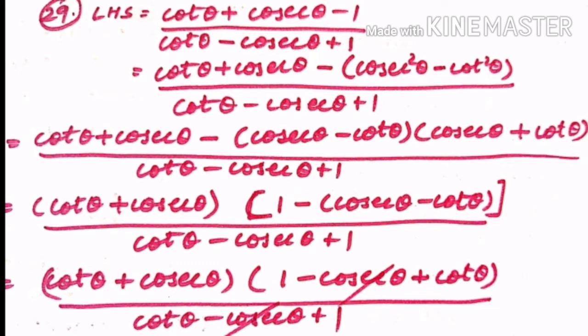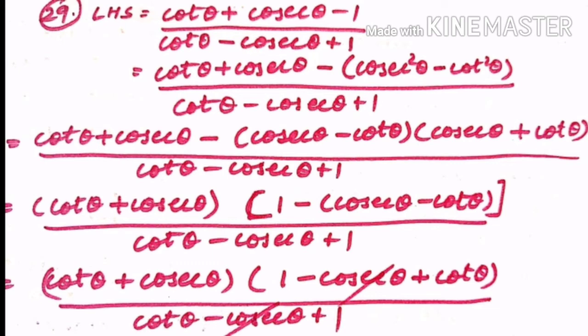Now cot theta plus cosec theta in the bracket we have taken common. Students, there are two terms. One is cot theta plus cosec theta, then a minus sign, then two brackets. You check, before the minus sign the first term and after the minus sign the second term. Out of them, cot theta plus cosec theta is common. So in the big bracket I have written the 1 already, which is taken common.